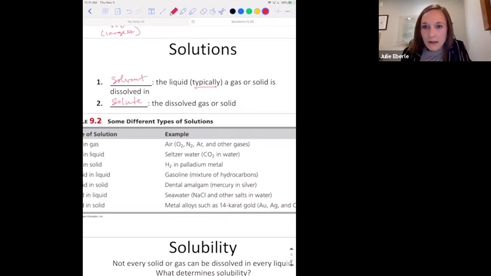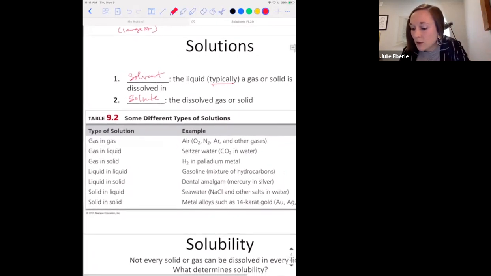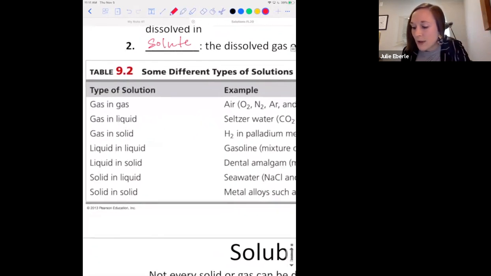Okay, but a lot of people will box their mind into thinking that solutions are just liquids, like dissolving salt in water. Your solute is the solid, and the solvent is the liquid. But I want to broaden your horizons for a second, because you can have all types of solutions. You can have so many different things. You can have gases mixed in gases. That's a solution.